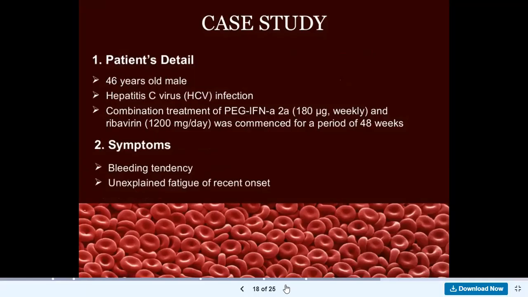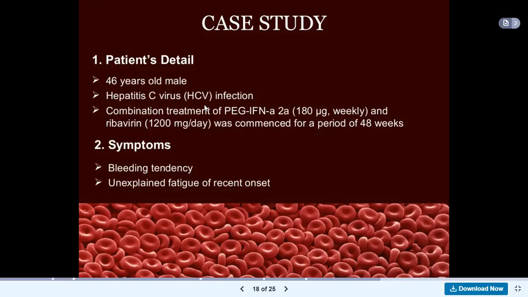We have a patient who is 46 years old, and the patient is suffering hepatitis C virus infection. This patient is taking a combination treatment, and this drug contains interferon, which he takes weekly, and he also takes another drug called ribavirin, 1,200 milligrams per day.